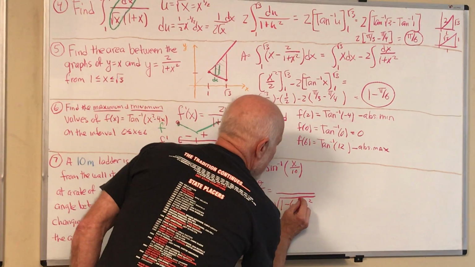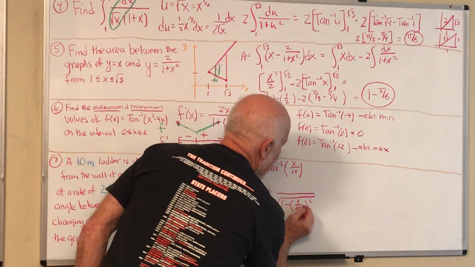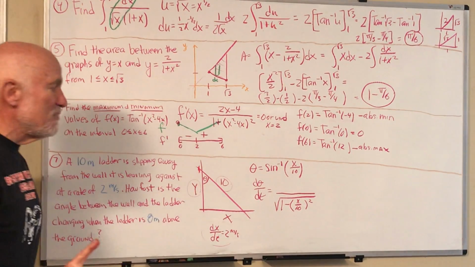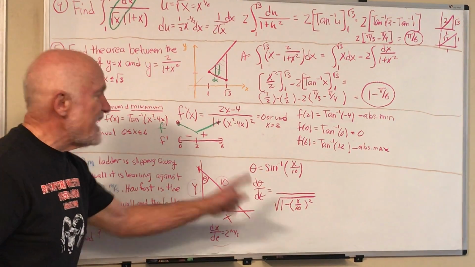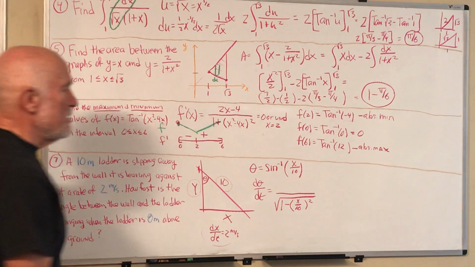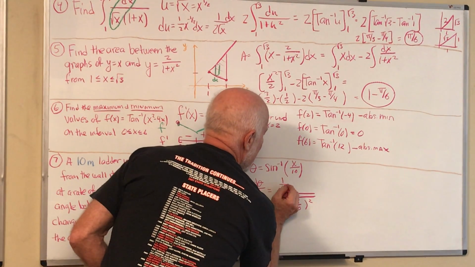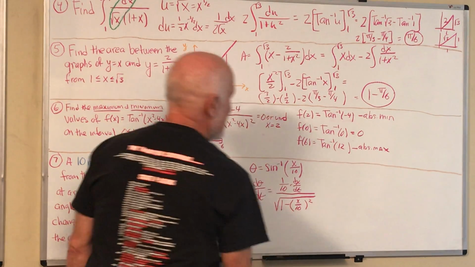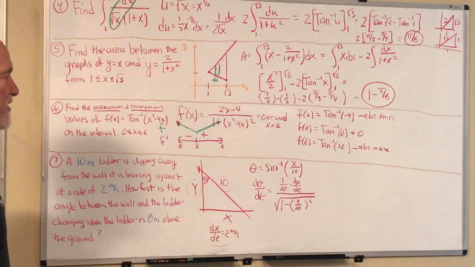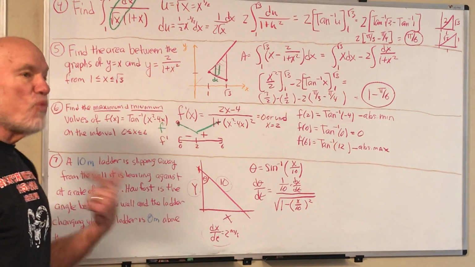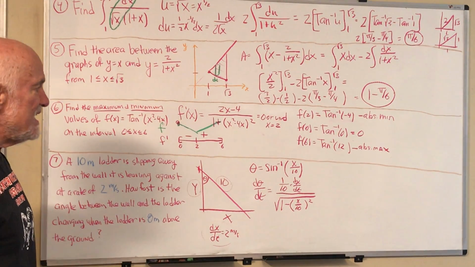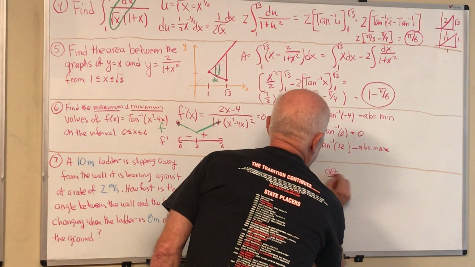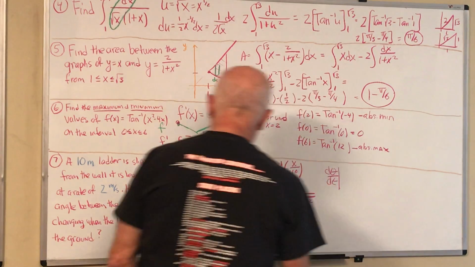So I have to put x over 10 and then multiply by the derivative of x over 10. But be careful, it's with respect to time. So it's going to be 1/10 times dx/dt. The derivative of x with respect to x is 1, but the derivative of x with respect to t is dx/dt.